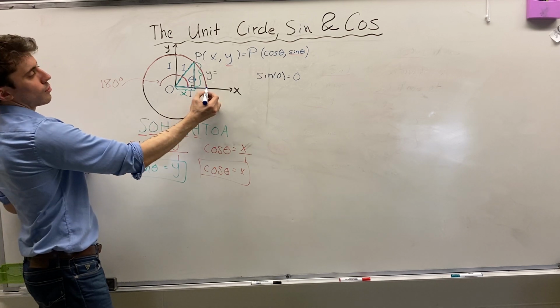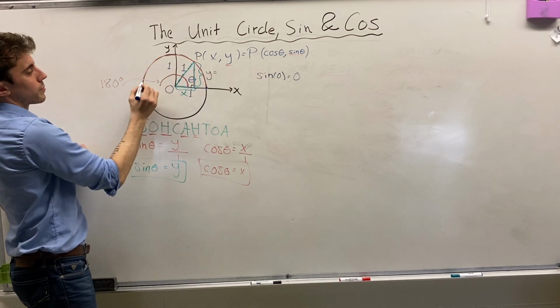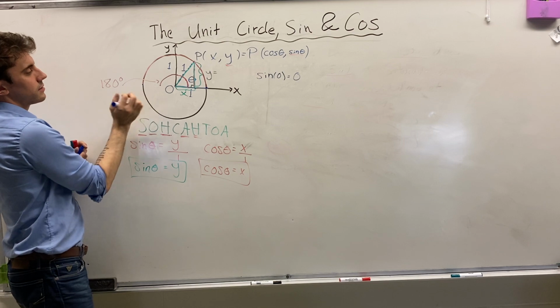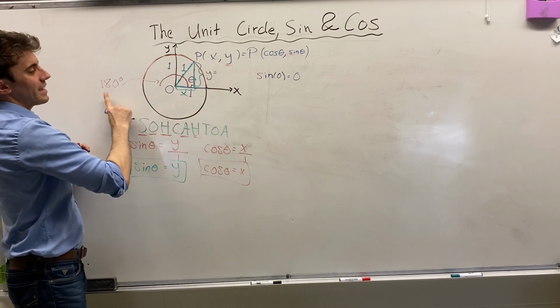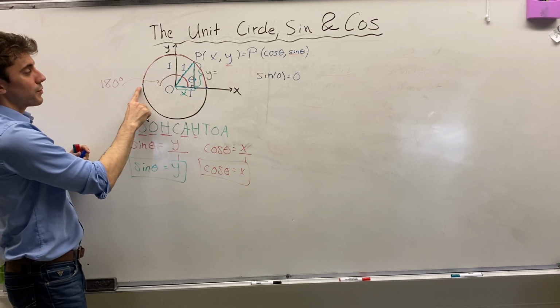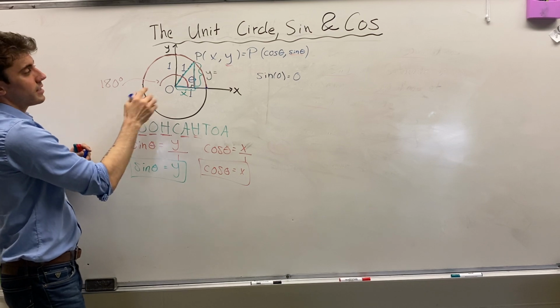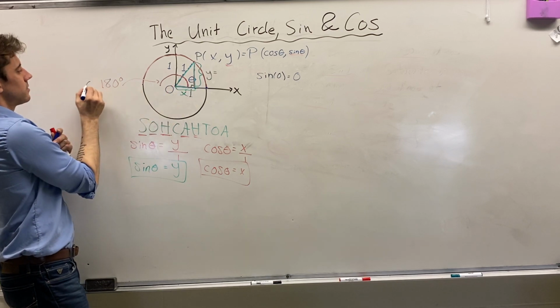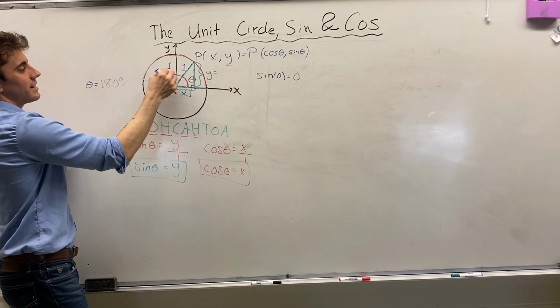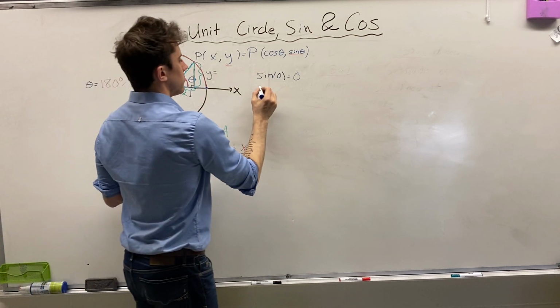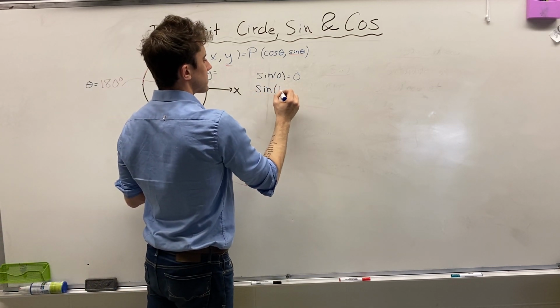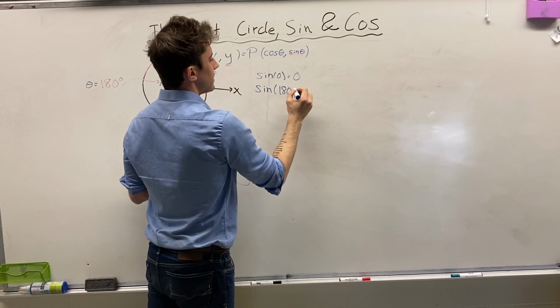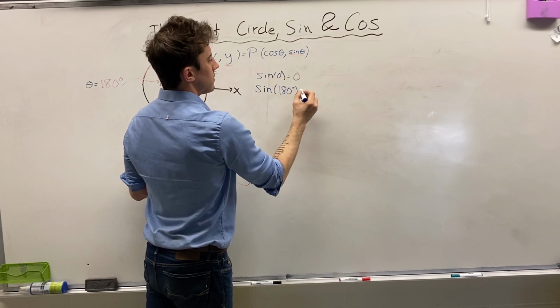And this tells us that sine of 0 is exactly 0. We get back to a y-coordinate of 0 when we're back on the other side. Again, right on the x-axis, and so the y-coordinate at this point here would also be 0. But here, theta is now 180 degrees. And so we also get the fact that sine of 180 degrees is equal to 0.